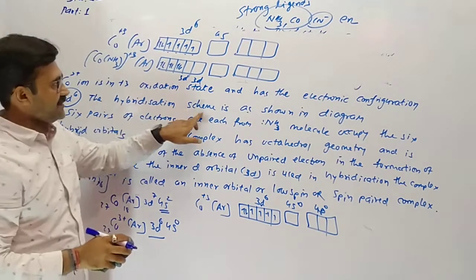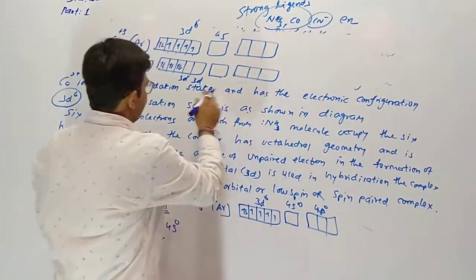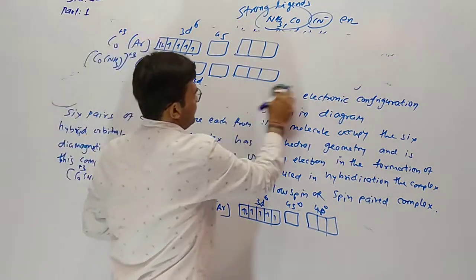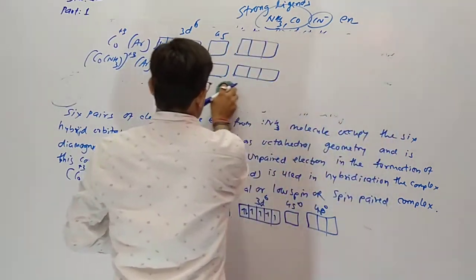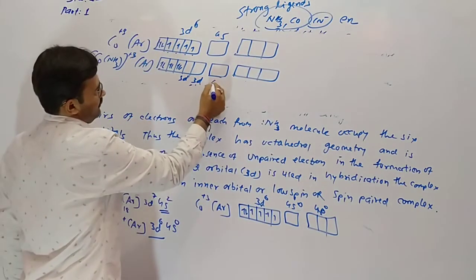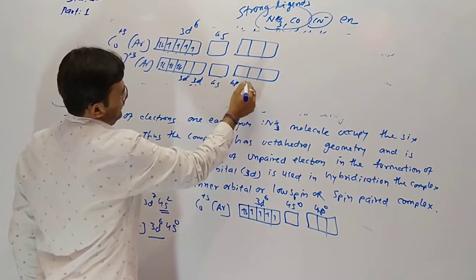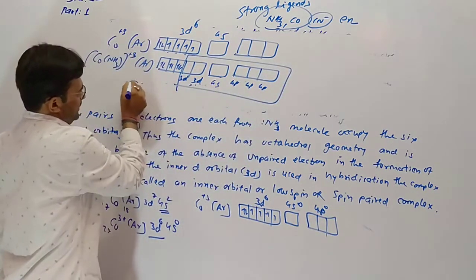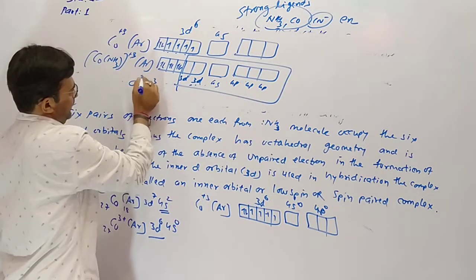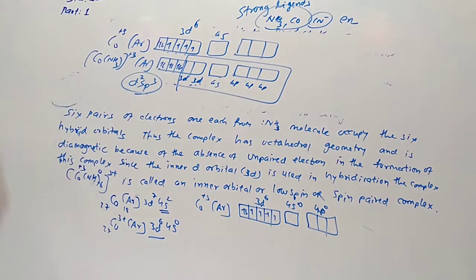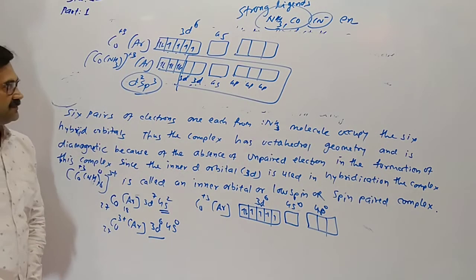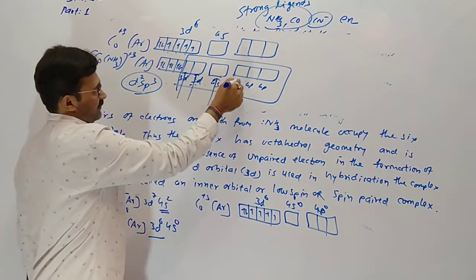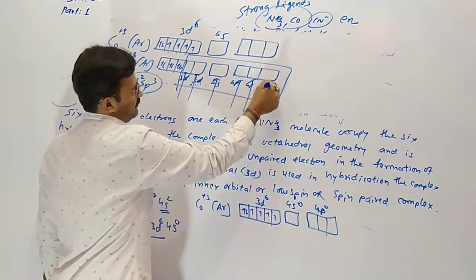The hybridization scheme is shown in the diagram. Yes, sir. So here what happens? 2 d, 1 s and 3 p are hybridized. So d2sp3 hybridization occurs. Understood? And 6 ligands, which are amine, combine there.